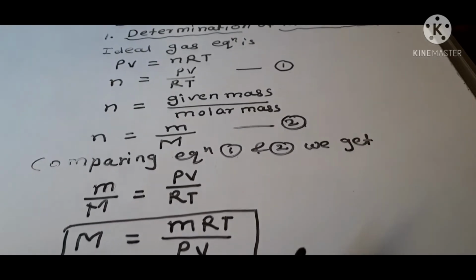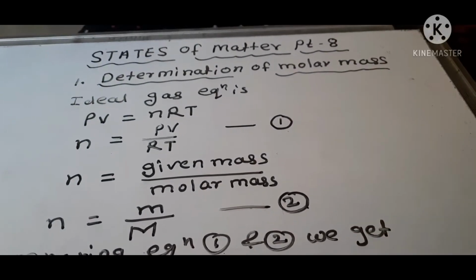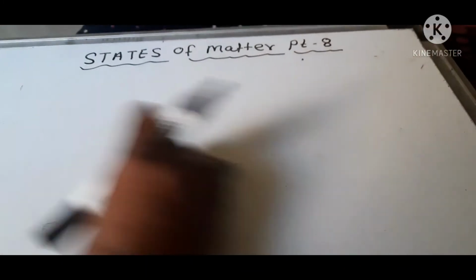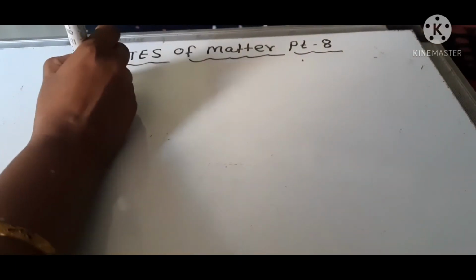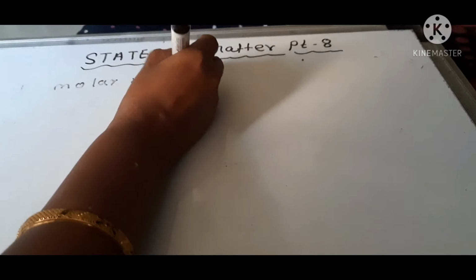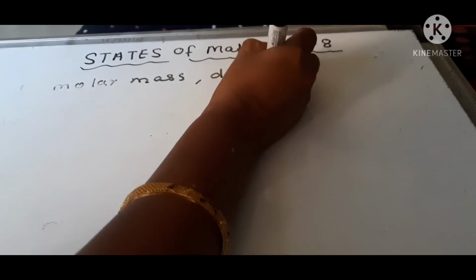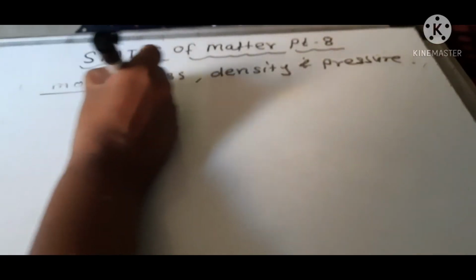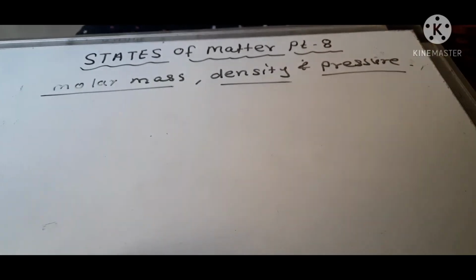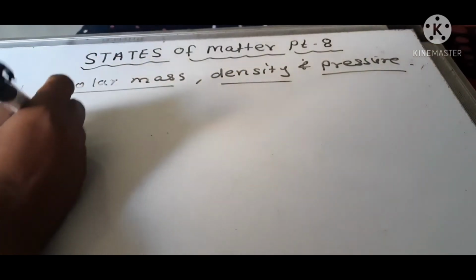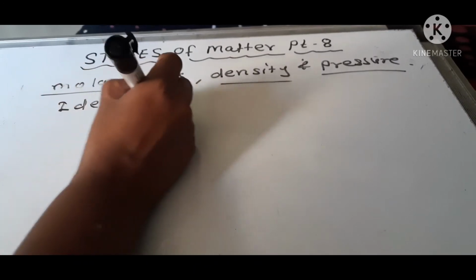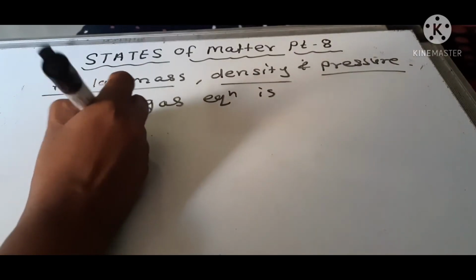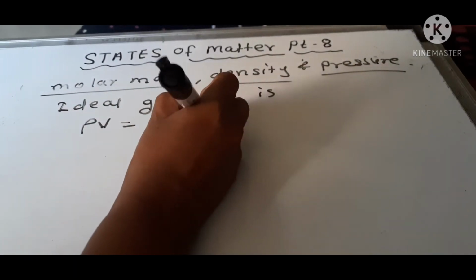Okay, then we'll see the next topic, that is the relationship between molar mass, density and pressure. The ideal gas equation is PV equals nRT.